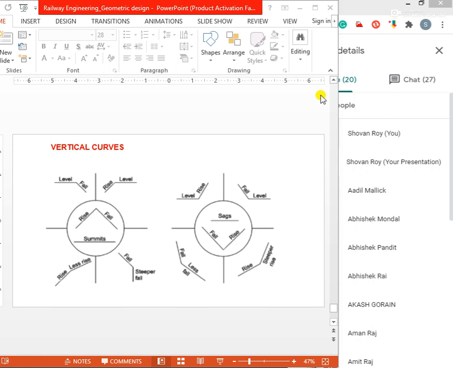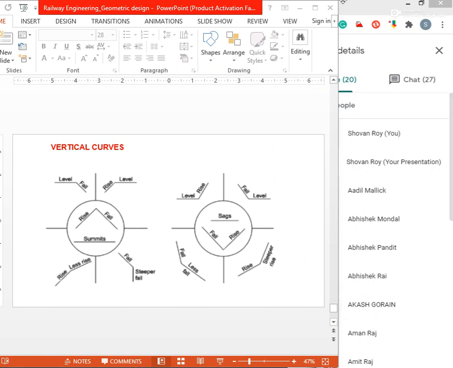Q is the difference in the percentage of gradient. So three things have been mentioned under vertical curves: the figures of summit and sags, the types of vertical curves, and one formula, L equals RQ. L is the length of the curve, R is the radius of the curve, Q is the difference in percentage of gradients.